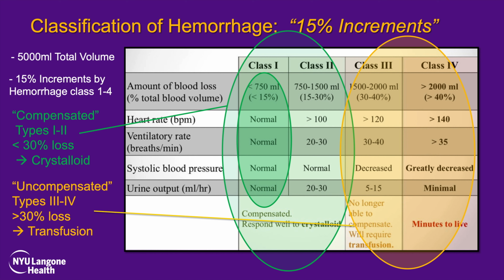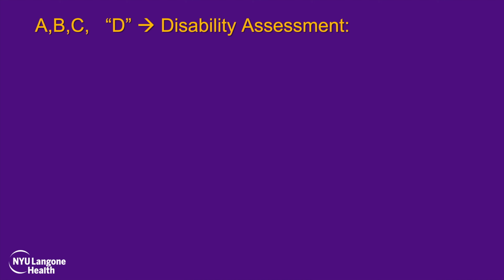And as you move towards class 4, or you're not sure if you're in 3 or 4, we're moving towards mass transfusion protocol. Your systolic blood pressure is decreased, your urine output drops right off, and your heart rate is now above 120. So these are some basic numbers you should know about hemorrhage.